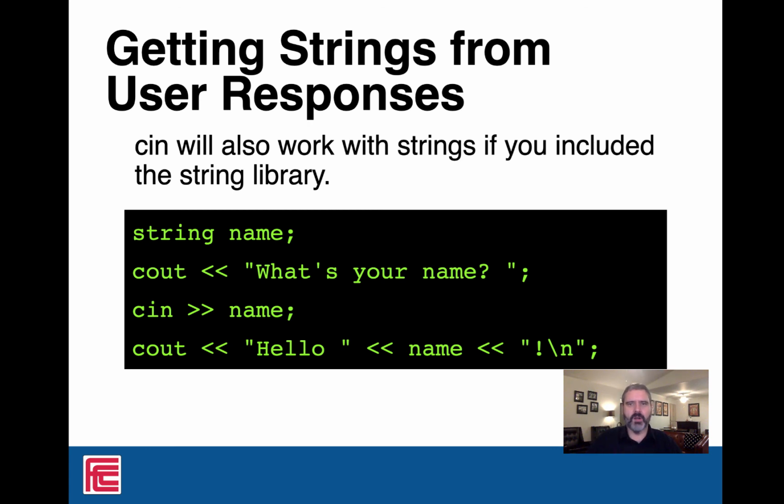But I've got my little prompt there, so it's like, oh, what's your name? Oh, my name is Brian. I type in Brian, I hit enter. That takes that string of characters, sends it over to name, right? And then at that point, name has the value Brian. So then cout, hello, Brian, exclamation point. It's a really simple program. You can try it out yourself.